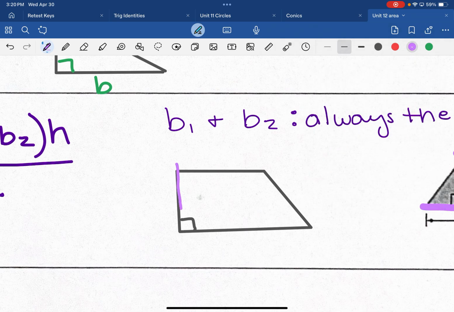So this would be your height because the 90-degree angle is built into your side. And then this would be your base 1. This would be your base 2. Maybe. So just keep that in mind whenever you have a 90-degree angle made with one of your sides.